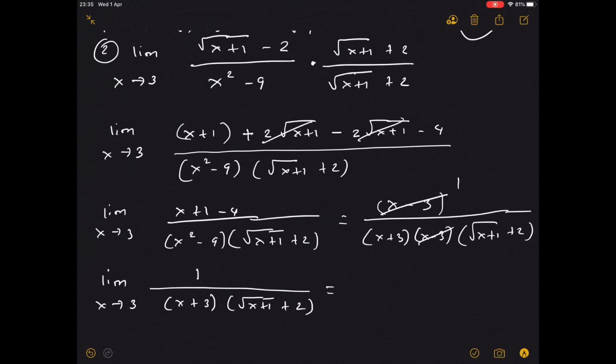So substituting 3, you will have 1 over (3 plus 3) multiplied by (root 3 plus 1, plus 2).